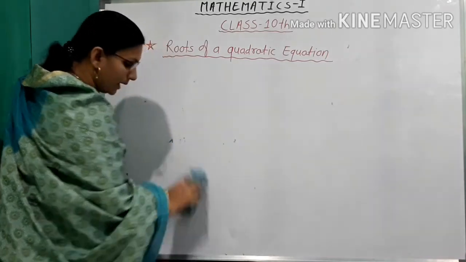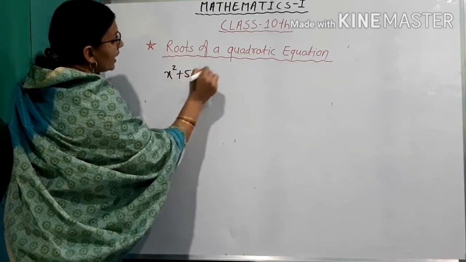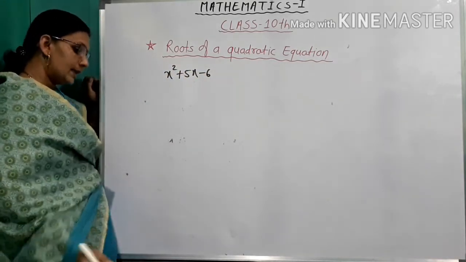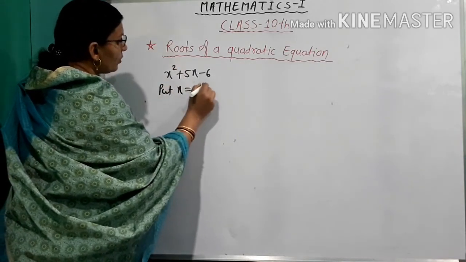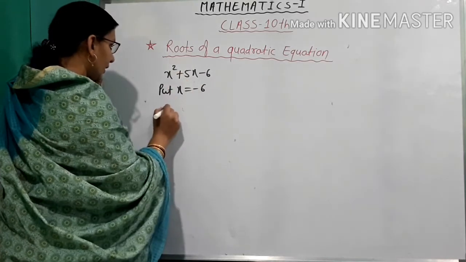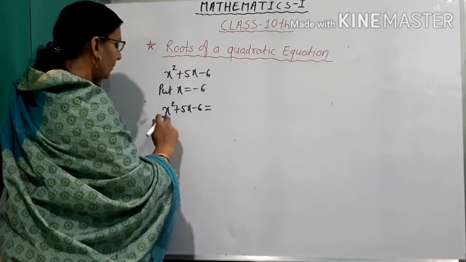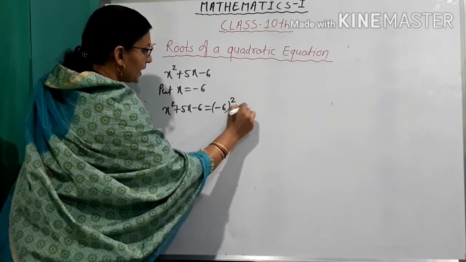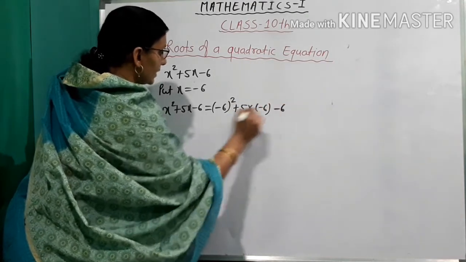Consider a polynomial x square plus 5x minus 6. In this polynomial, take x equal to minus 6. Put x equal to minus 6, that is x square plus 5x minus 6. At the place of x, put minus 6. Minus 6 square plus 5 into minus 6, minus 6.